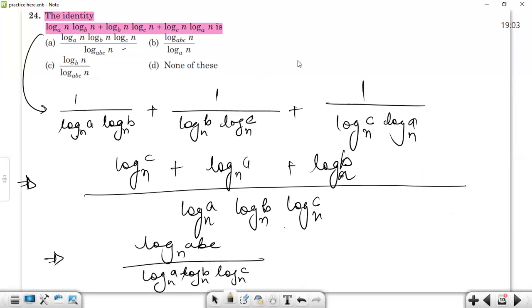So we can assume values for A, B, and C, and also N, so that after we have substituted our assumptions, all the options are different. Then we'll go on to solve the question further, and we'll mark the option whichever is matching. So that often works, most of the times.